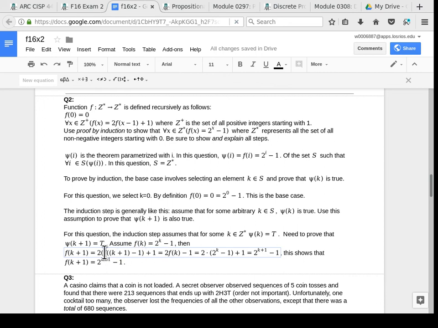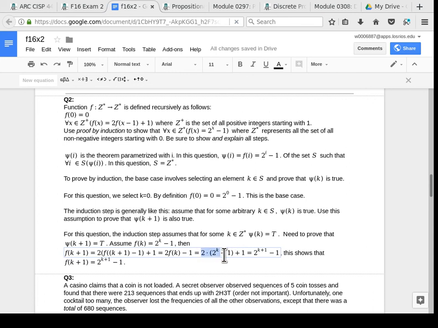Then from here to here is just expanding f of k being 2 to the power of k minus 1, and that's because of the induction assumption.